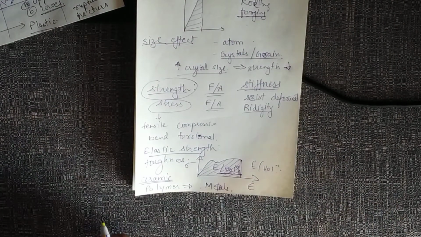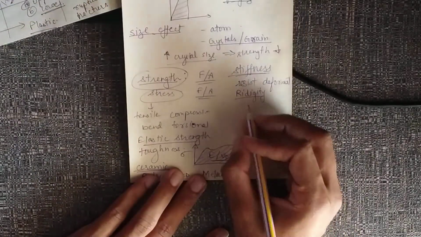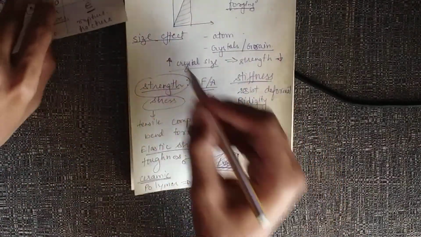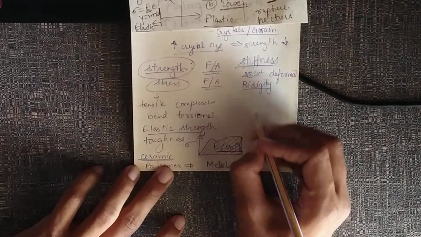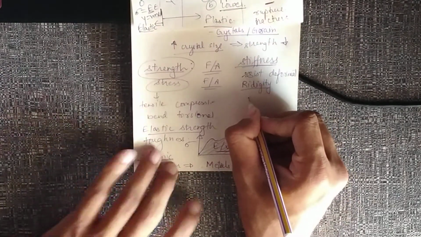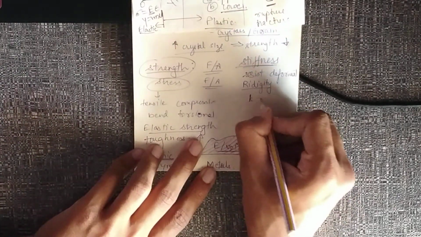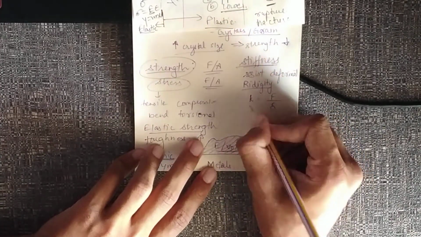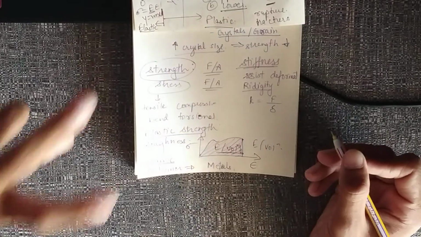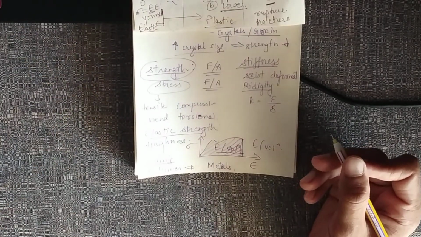Rigidity is the measure of resistance offered by an elastic body to deformation. We are in the elastic region right now. So rigidity K will be the force upon the displacement that occurred. It is the unit force required for unit deformation.